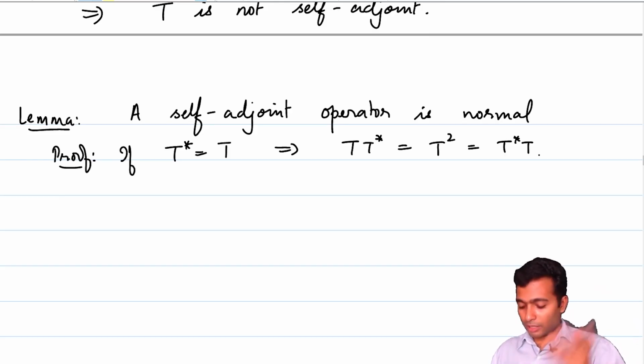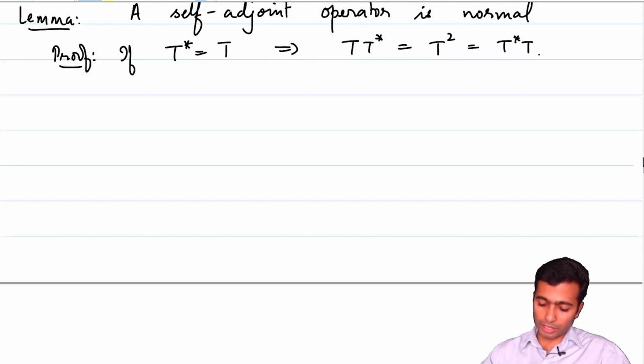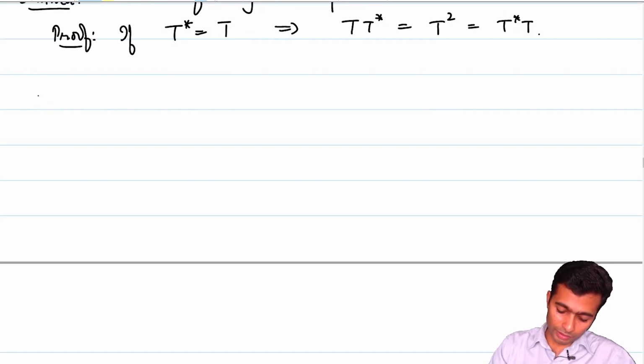And in an analogous manner, as when we dealt with normal operators, we will also define what a self-adjoint matrix is. Let me just call it a definition here.